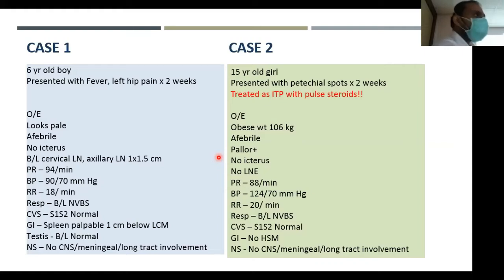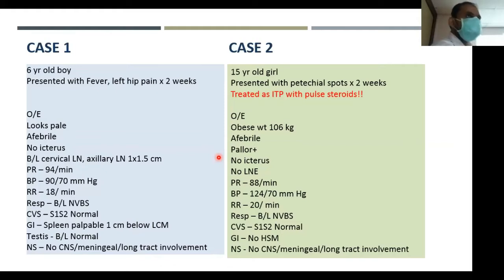There's a chance that it could be ALL, and there might be a steroid response that might mask the blasts. The blasts are very sensitive, especially lymphoid. They will melt. So the steroid response is then difficult to assess, and the diagnosis will be missed unless you do a marrow or find a blast in the periphery.